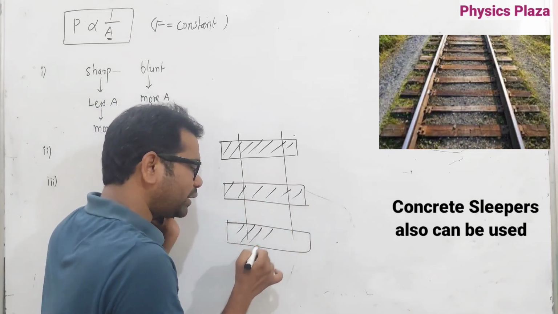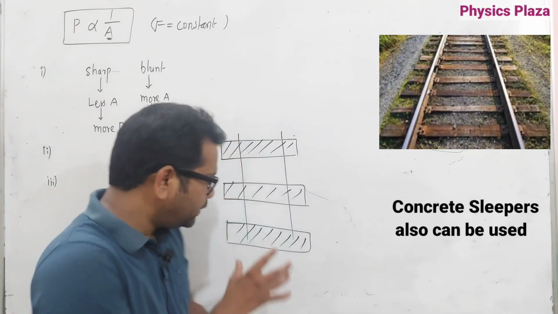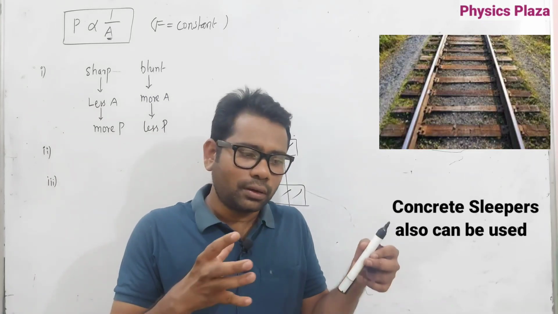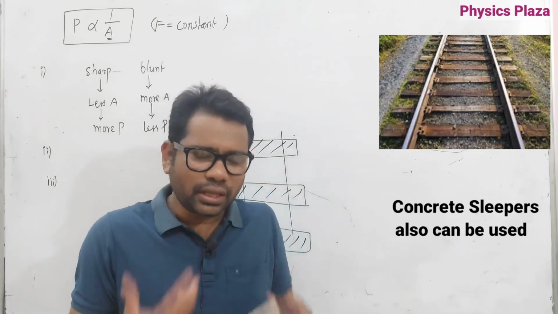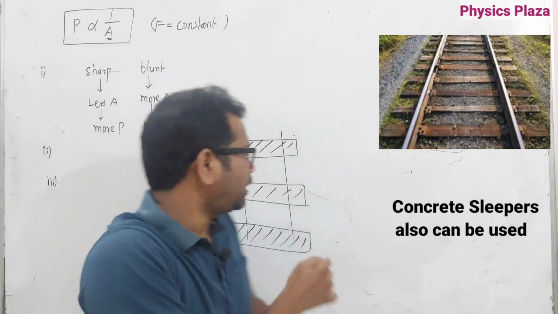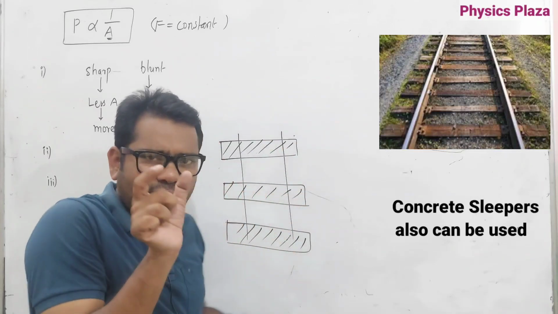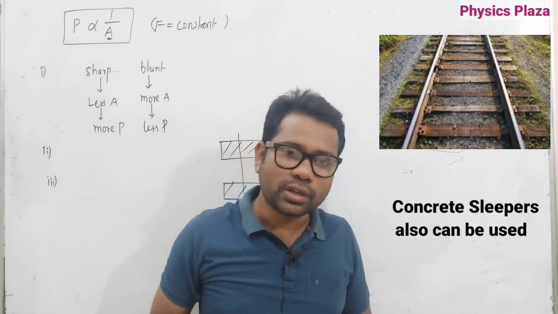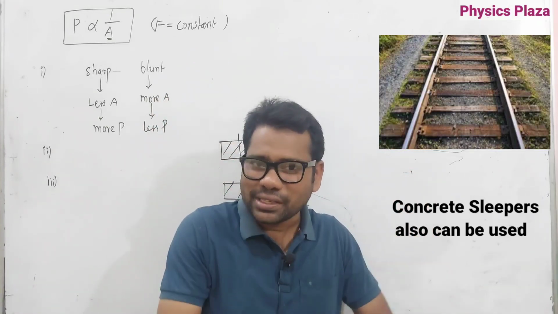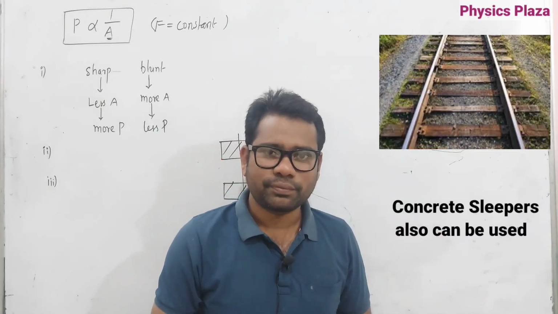Why are these provided? It's very important. Dear children, if these are not provided, let us think, what happens? We know that a train has a very heavy weight. So it exerts so much thrust, let us say force, on this track. As the surface area of the track is very less, more pressure acts on it, then the track may get disturbed, the train cannot go properly, and accidents may take place.